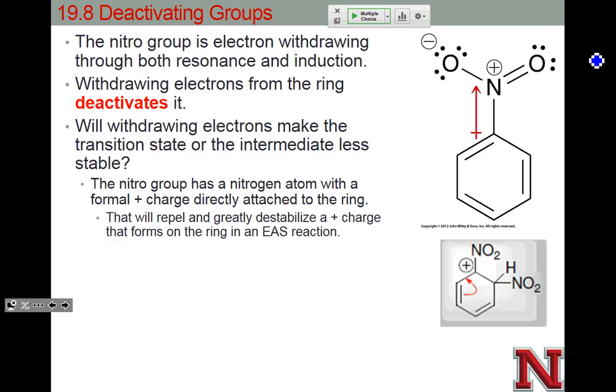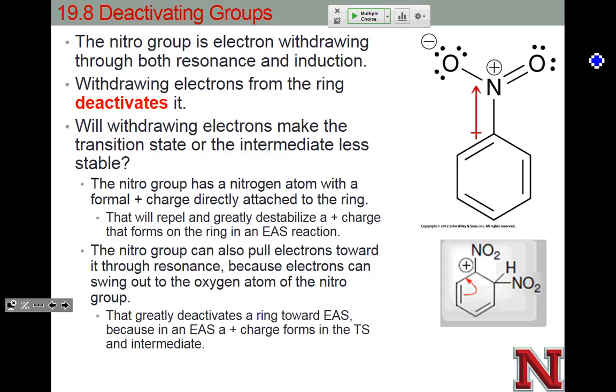And what we typically see is we have a slower reaction compared to benzene for any of these, if we're using deactivated groups first. So we're going to greatly destabilize the positive charge with that NO2 group being present, because it's going to make the positive charge less stable. So we're going to have higher activation energy compared to benzene when we're doing this reaction.